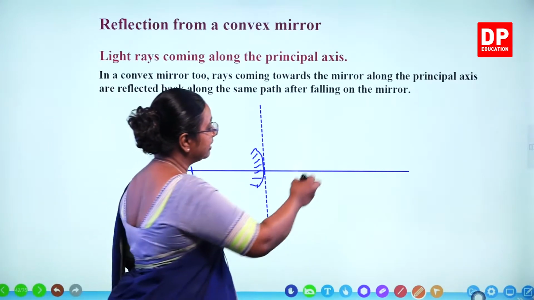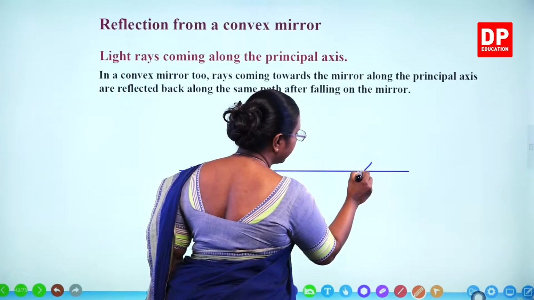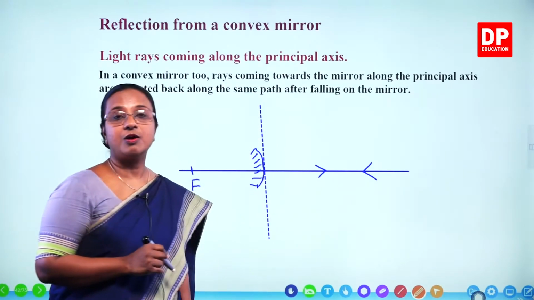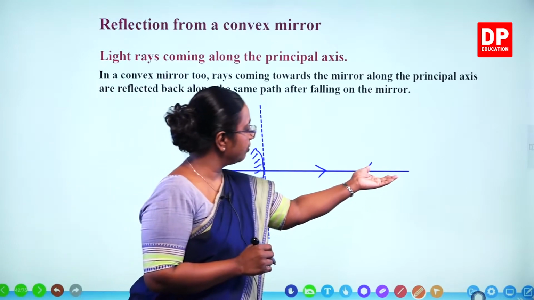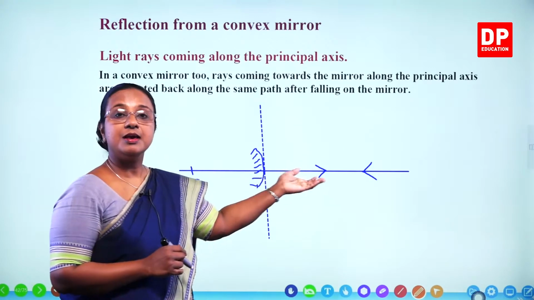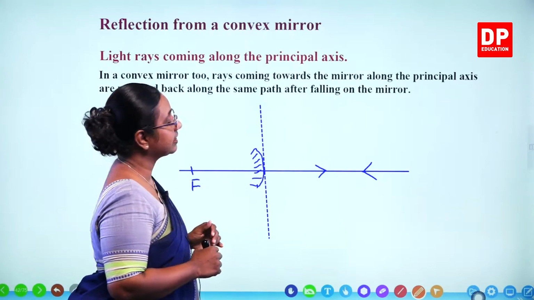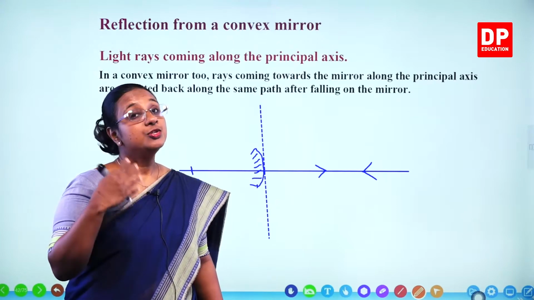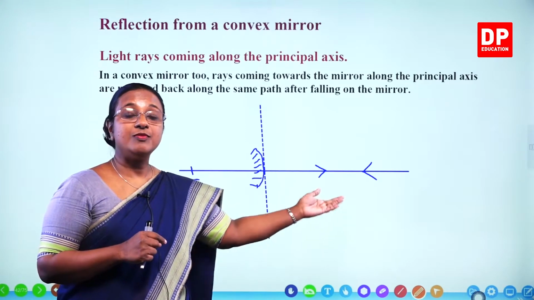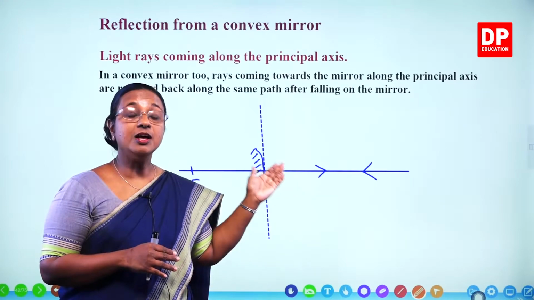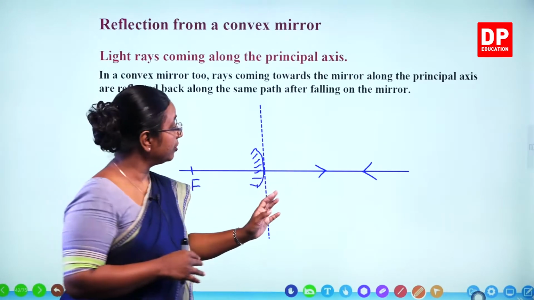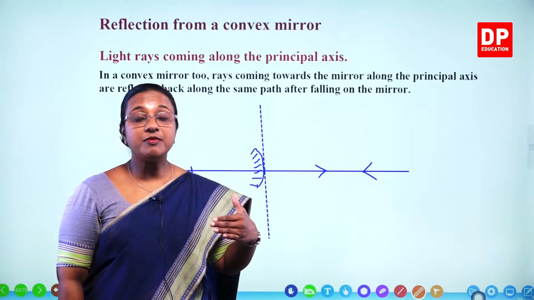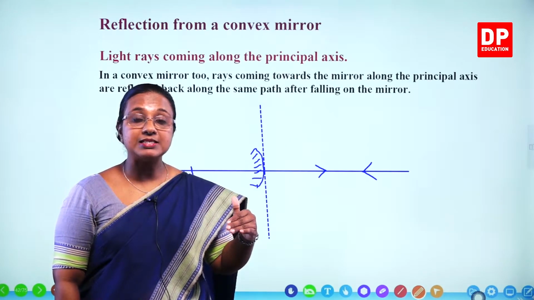Now if we look at the ray, it will come along the principal axis and it will be reflected along the principal axis. Here we don't have to draw another ray because already the principal axis is there and the ray is coming along the principal axis. So from your experience, when we drew ray diagrams with the concave mirror, you know that when an object is placed on the principal axis, the bottom of the object is on the principal axis.